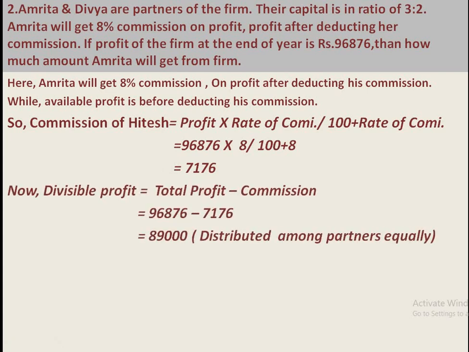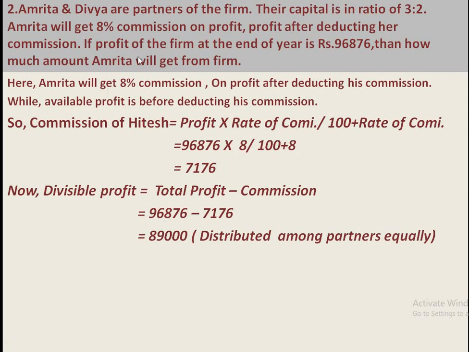Now we are looking to find how much she will get as profit share, because we are looking at how much total amount she will get from the firm. She will get two amounts: her commission, which is 7,176, and now let me check how much she gets from profit as a share.